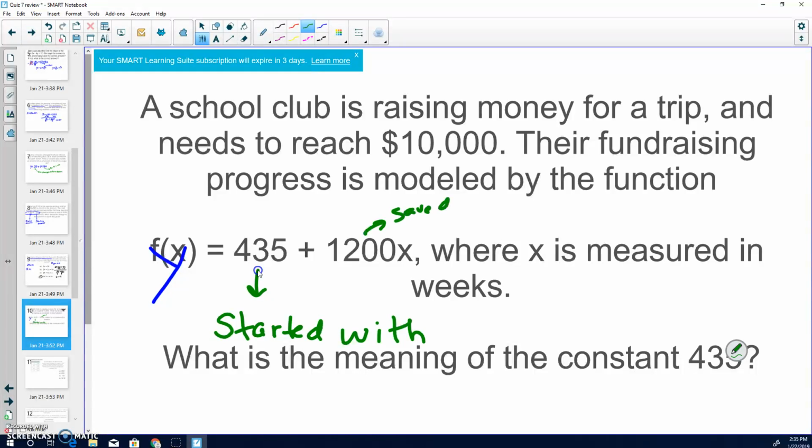Saved each week. So after 2 weeks, you would say 2 times 1,200, get an answer, plus their starting cash, 435. After 3 weeks, you would do 3 times 1,200 plus 435.